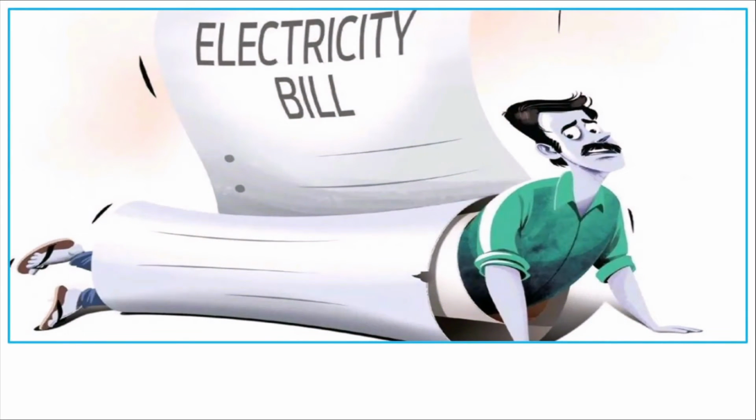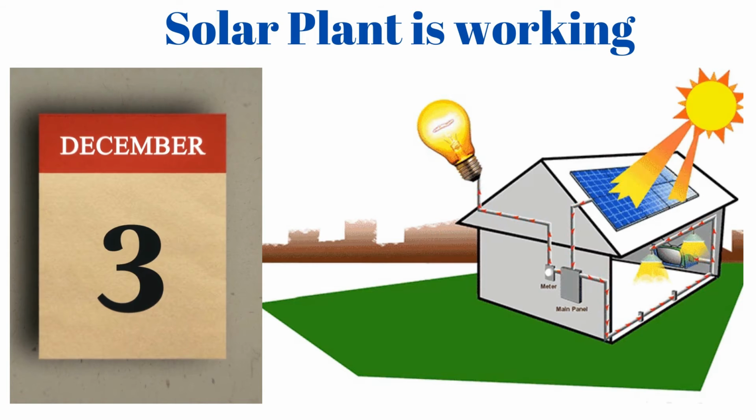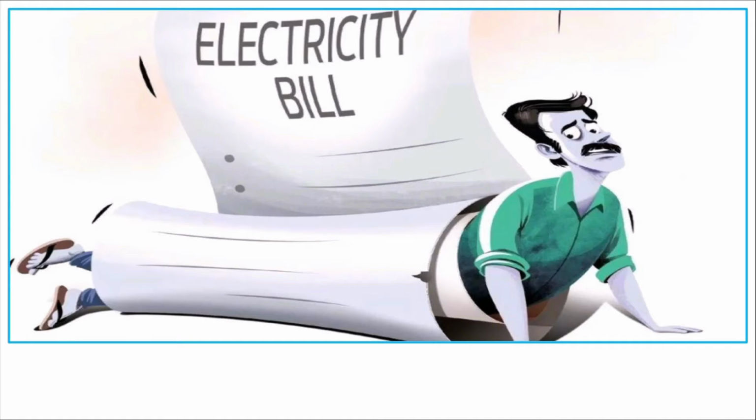Now this pic actually depicts the impact of non-monitoring of a solar power plant. Let us understand this with an example. Imagine a solar power plant is tripped on the 5th day of a month and the plant was not getting monitored. What will happen? In that case, the user will not come to know about the working status of the solar power plant. He will not come to know that the plant has been tripped on the 5th day of the month.